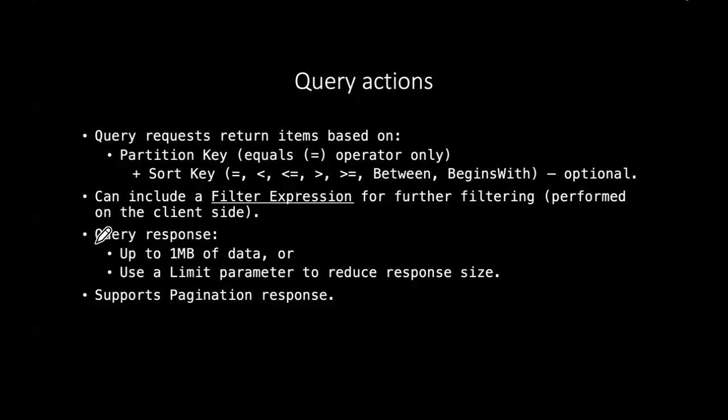Okay. Another restriction on the querying is the query result, or the response. You're limited to 1 megabyte in size. If you know that the response to a query is going to be greater than that, you can specify limits so that it falls within the 1 megabyte. Also, it can actually support pagination.